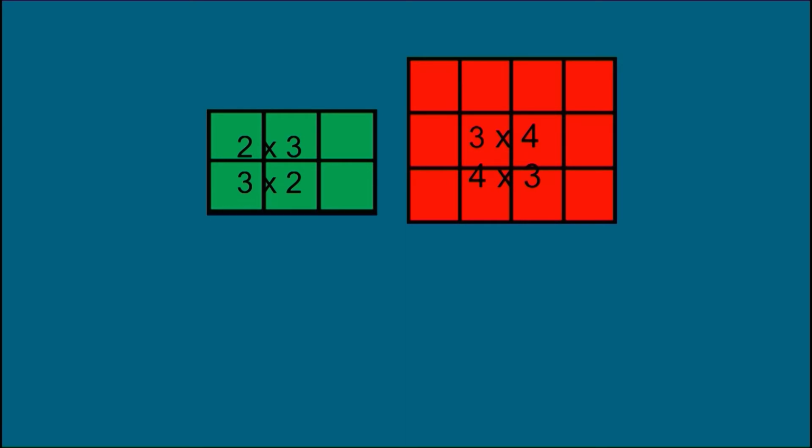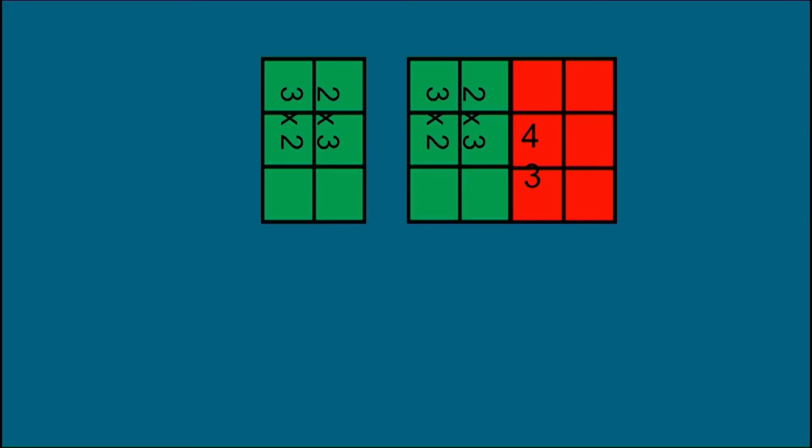Here are some things you may have noticed. Take your 3 by 2 array and lay it on top of your 3 by 4 array. Did you notice? The 3 by 4 is twice the size of the 3 by 2.